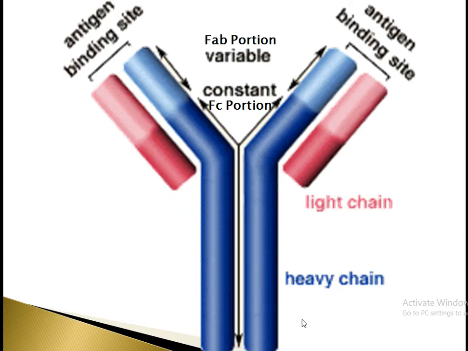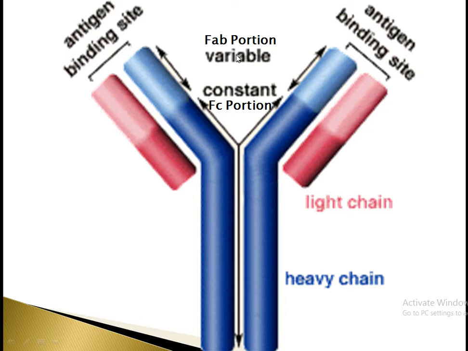A very nice picture to show you the two identical light chains and two identical heavy chains. This is the upper portion for the attachment of the antigen, which is variable depending on the different types of antigen.